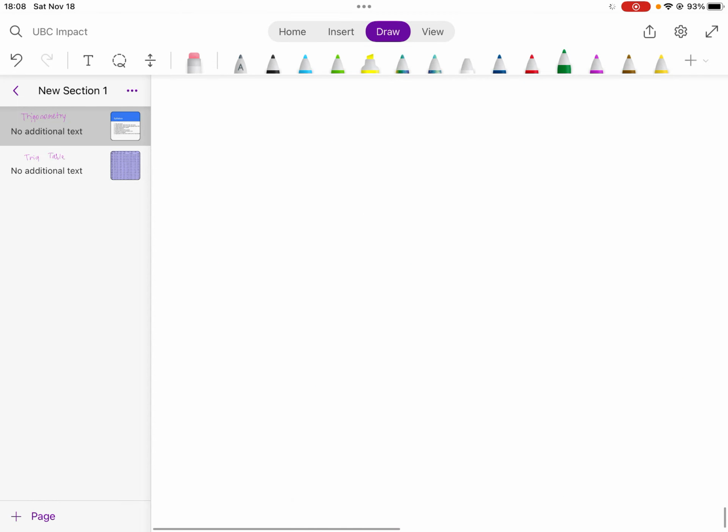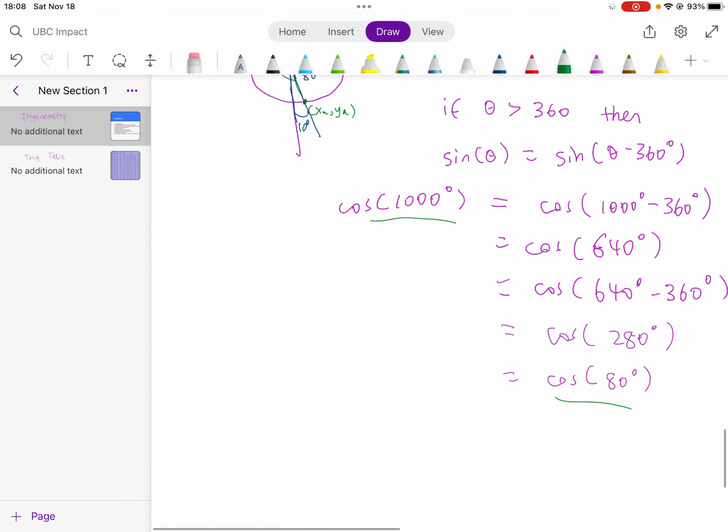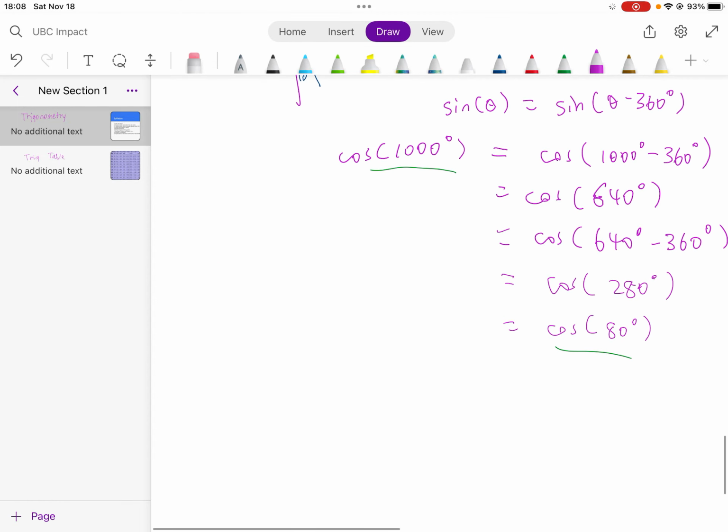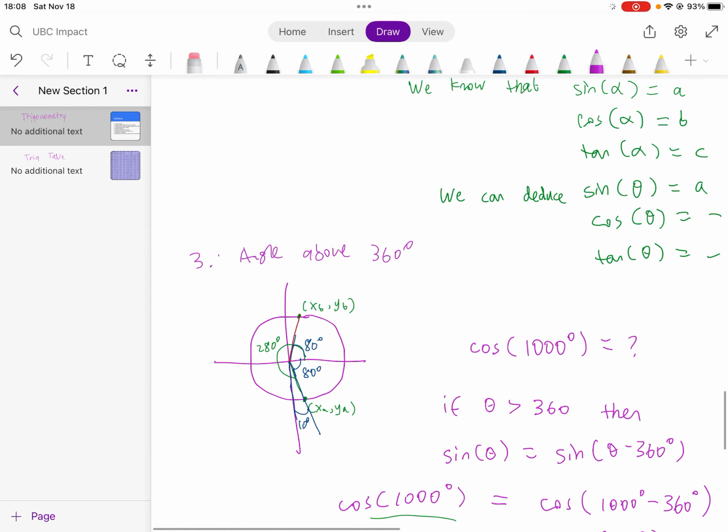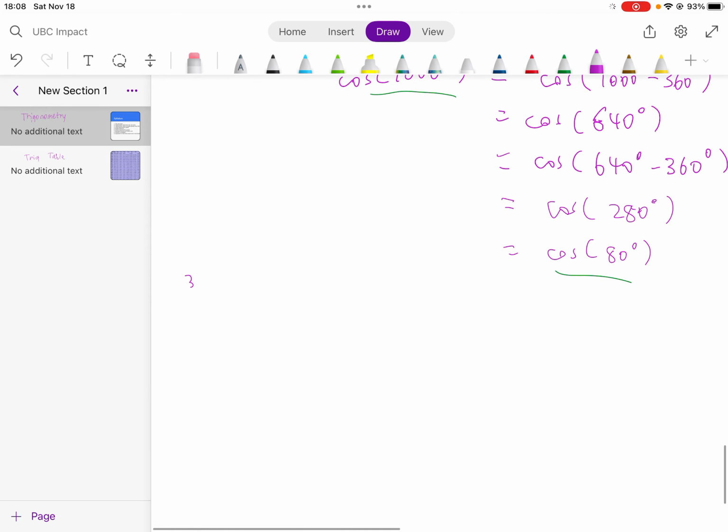Okay, what about a negative angle? So here's a negative angle. So this is angle above 360 degrees. And 3b is about negative angles.